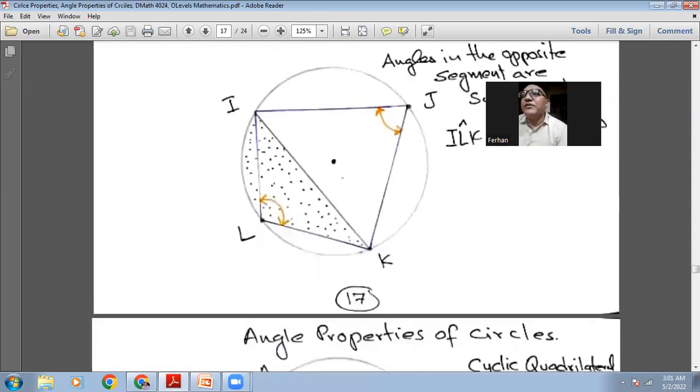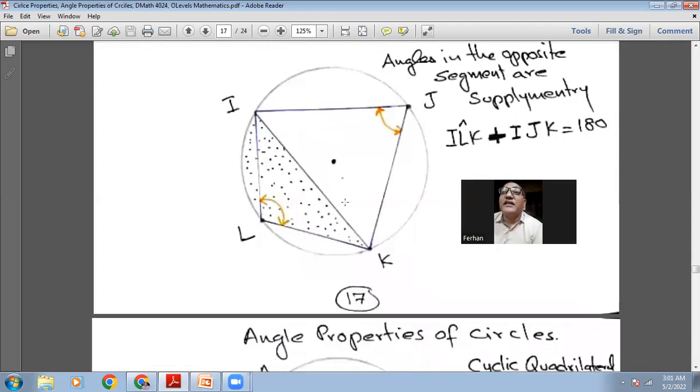Here is the third example on the same property. For example, IK is a chord. When you draw a chord, obviously the circle is divided into two segments. This shaded one is a minor segment, and that white portion is a major segment. You join the ends of the chord with two different points on the circumference, one on the circumference in the minor segment, and the other on the circumference in the major segment.